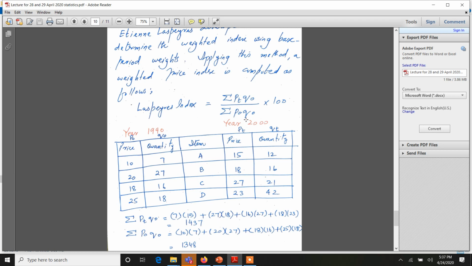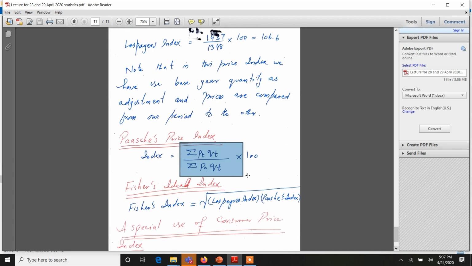That's why we have used quantity data. So Q0 is the weight taken from the base year, but once we apply the Paasche formula, we use the quantity data from the current year. Of course, the answer will be different, because in this scenario we are giving weight to the data of the current year. You are advised to calculate the Paasche index for the above data.